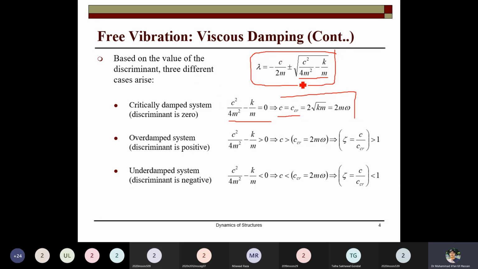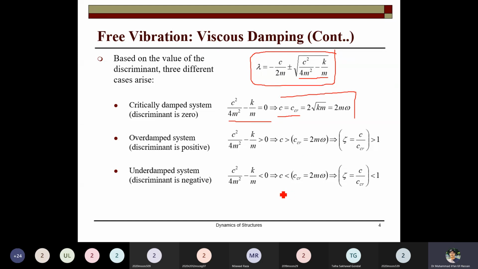When you put the root equal to 0, it is a critically damped system, C is equal to CCR. When the value of the root is larger than 0, it is an overdamped system. And when the value of the root is less than 0, it is an underdamped system.